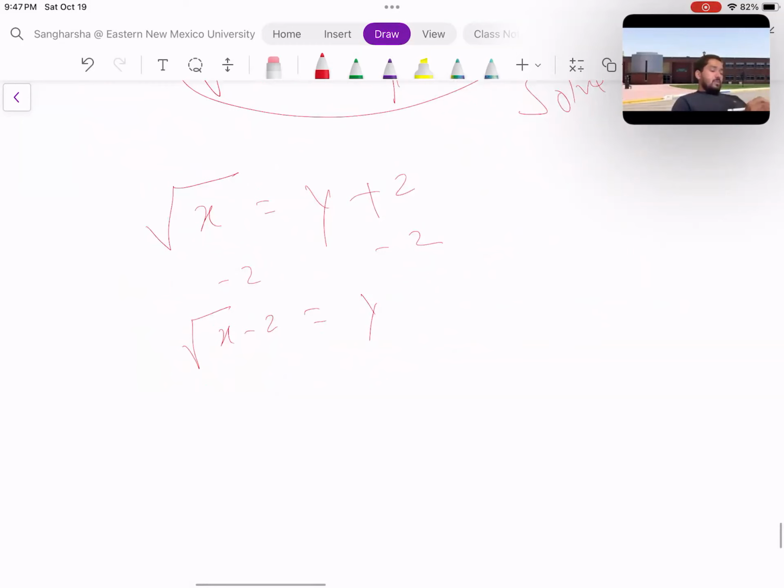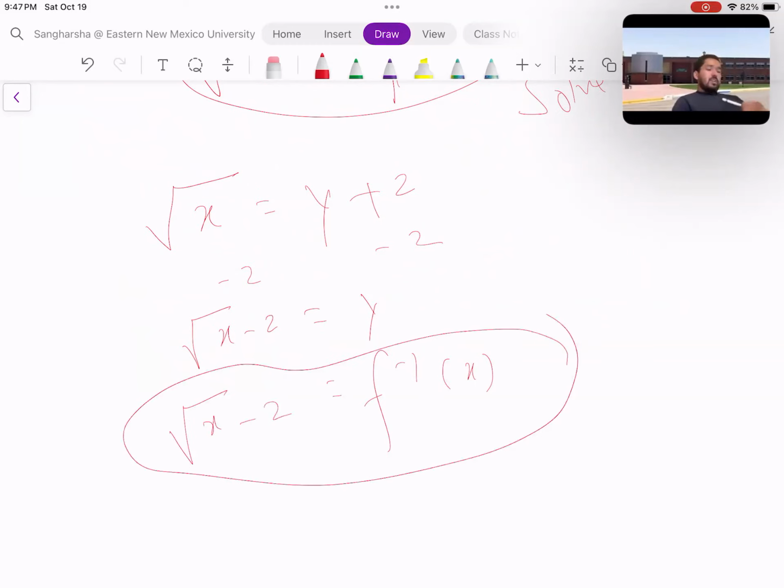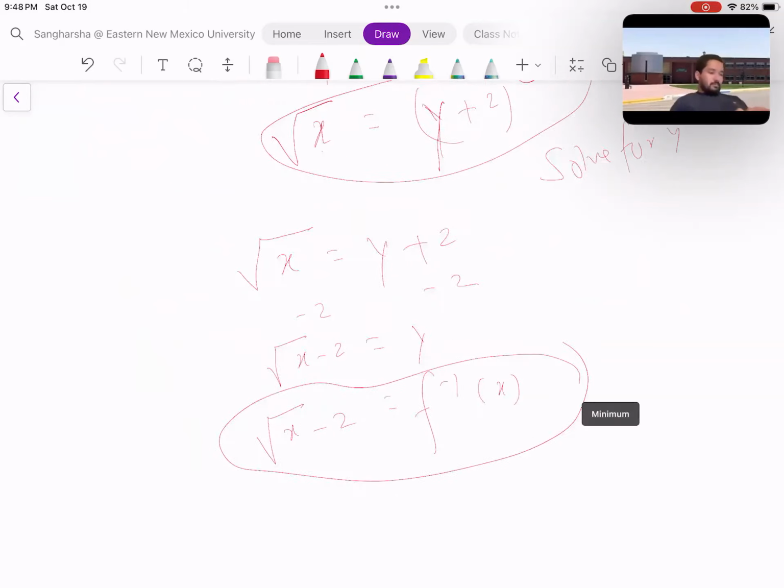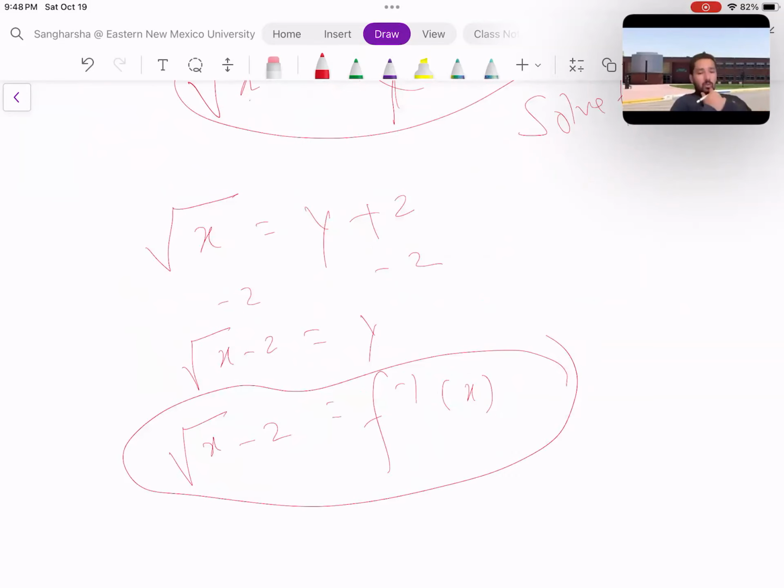Once you have the solution for y, you replace y by f inverse of x, which is square root of x minus 2, and this is your inverse function. Does anyone need help here for number 50?